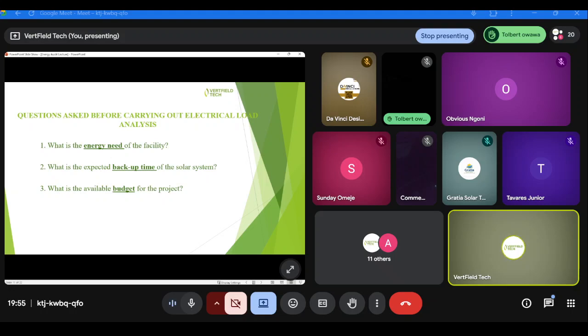Questions to be asked before carrying out electrical load analysis. Like I said earlier, when Mr. Junior invited us to run a solar system for him, we just made some assumptions and we did a wonderful job, which turned out to be bad at the end of the day.